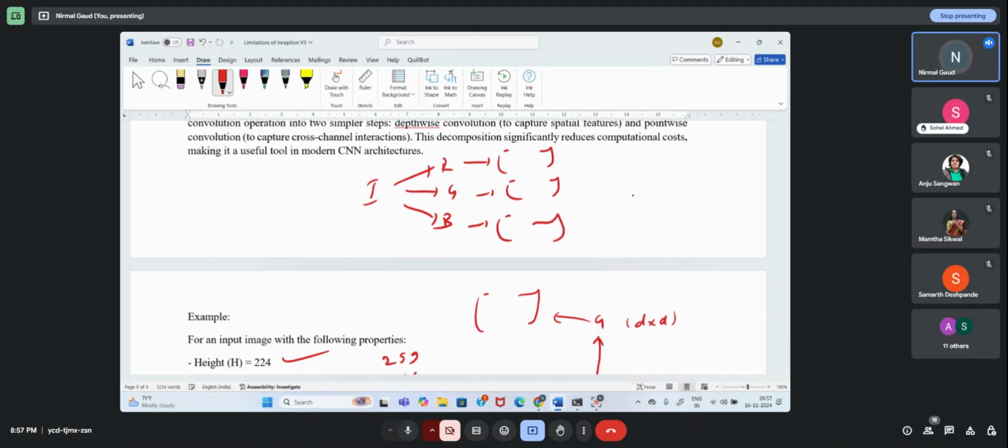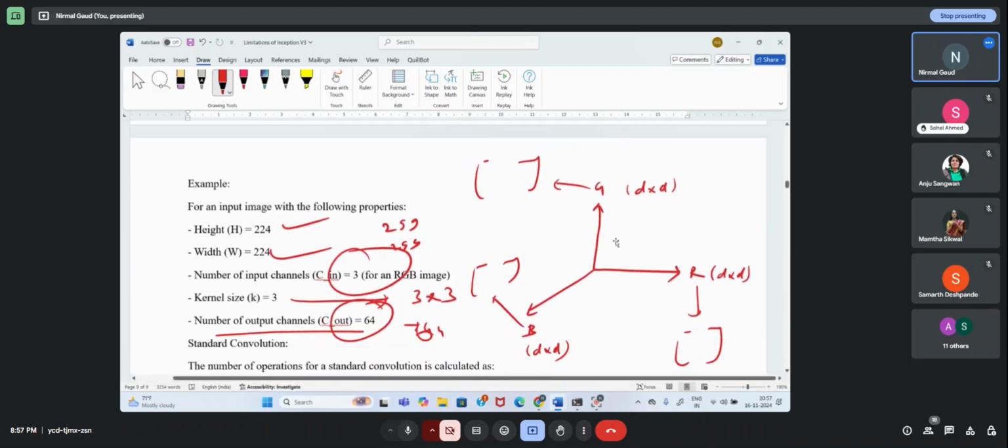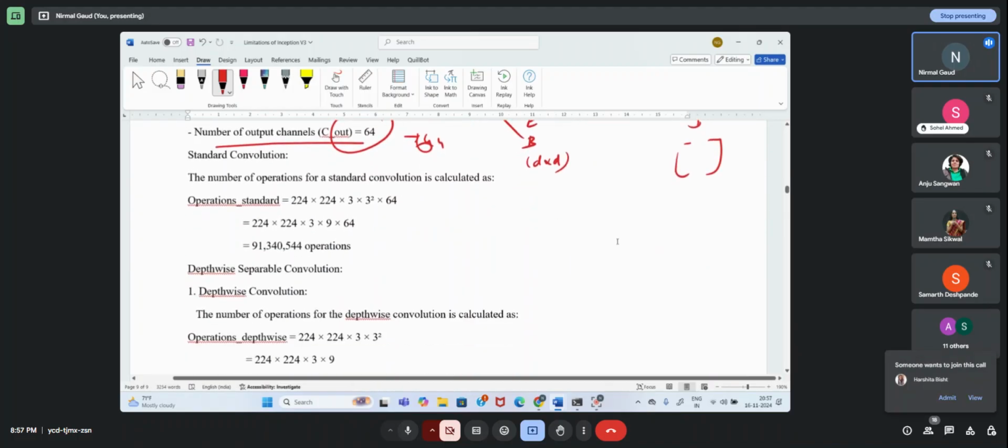However, if you have a grayscale image, the same information is projected in these three channels, which I already told. Now you have to apply the filter separately.